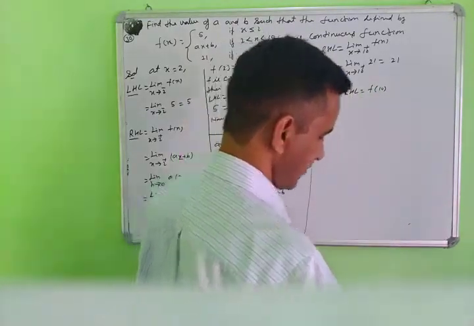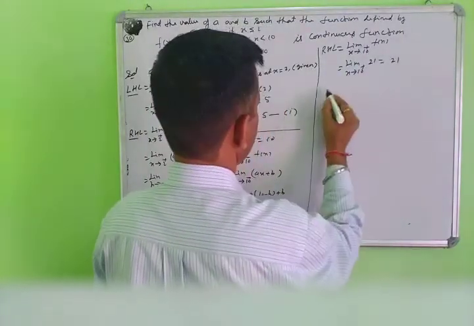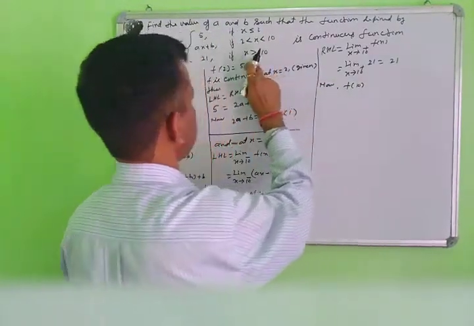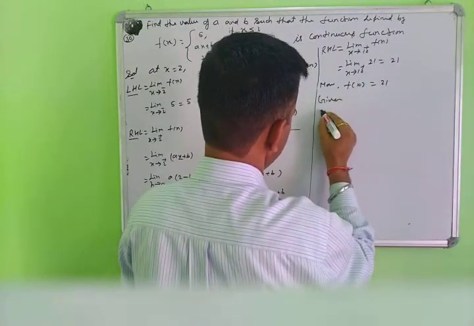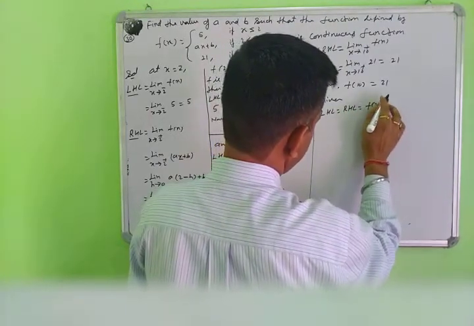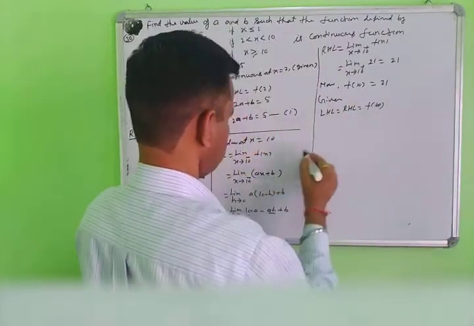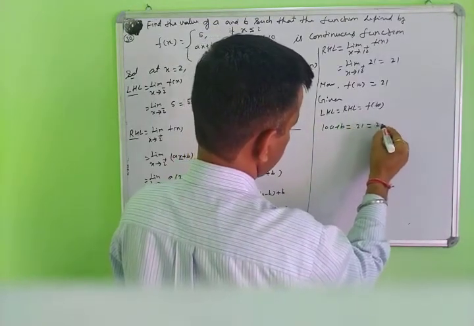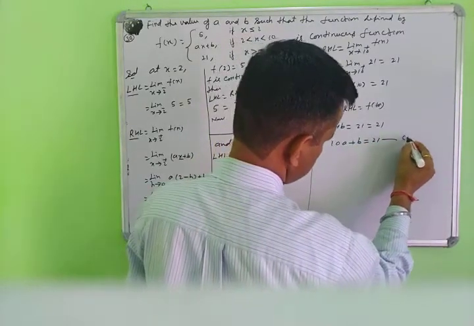One more thing we need to find is f(10). The value of f(10) is 21. So LHL equals RHL equals f(10). The value of the LHL, 10a plus b, equals 21. Using this, 10a plus b equals 21. This is the second equation.